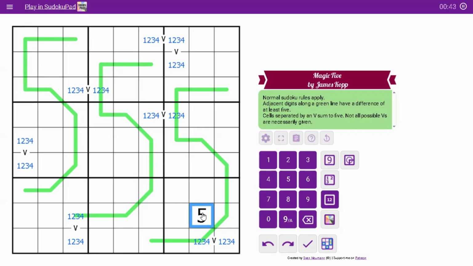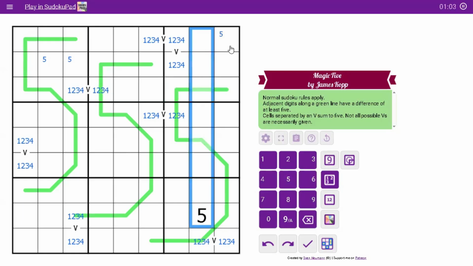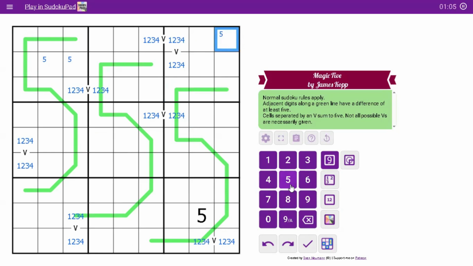And there's a 5 for style points as a given digit here in row 8, column 8. So that means that the 5 is in one of those two, since it can't be in any of these cells. The 5 is definitely in one of these two, and it can't go there because of this 5. So already we have our first digit, 5 in the corner. 5 in one of those two.